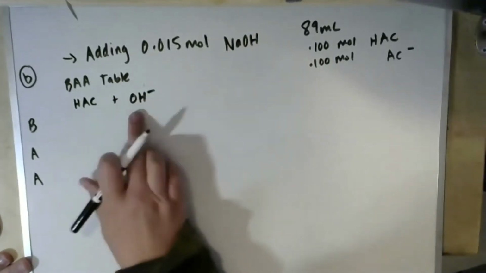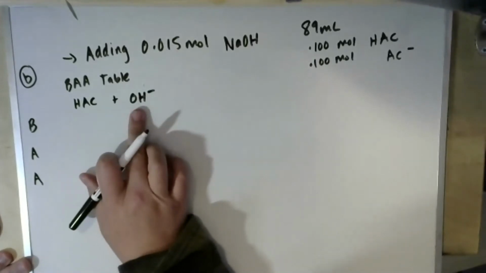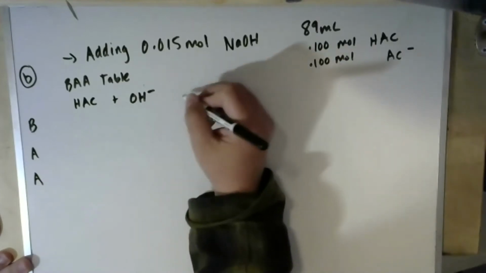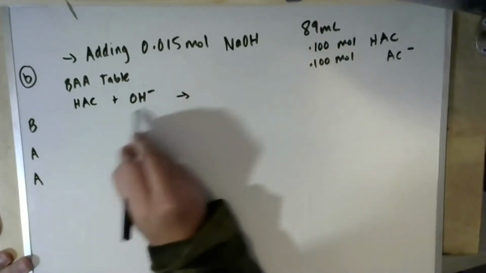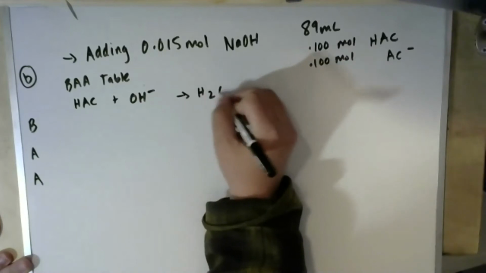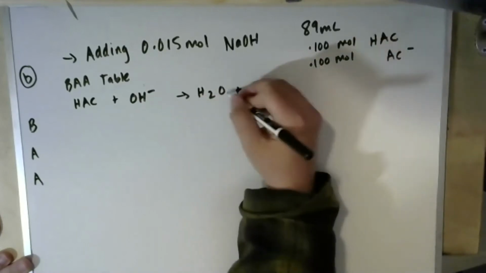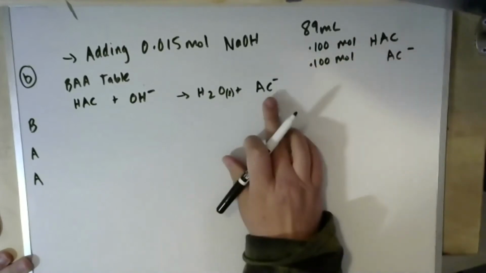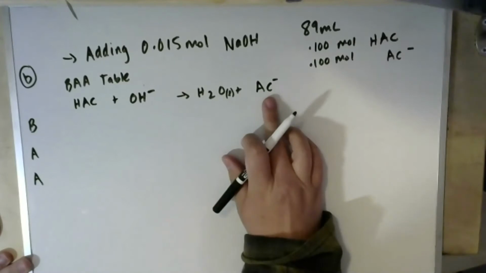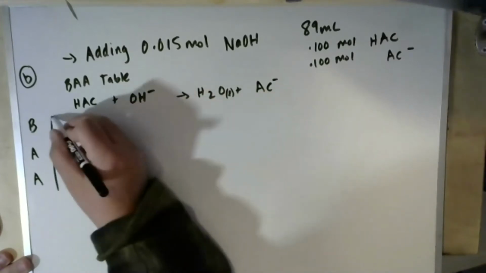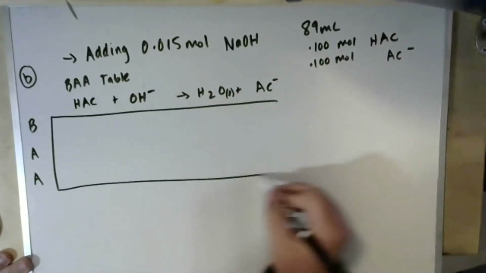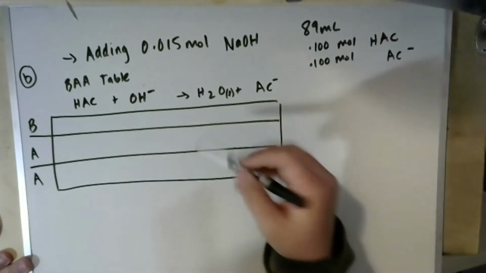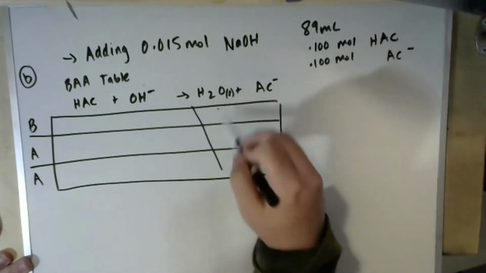We'll put these two things on the reactant side of the reaction that we write out here, and that's going to produce H2O, which is liquid, and it's going to produce this conjugate base, the AC minus, the acetate ion. So we're going to keep track of what's being added and subtracted in this BA table. We can get rid of the H2O section.